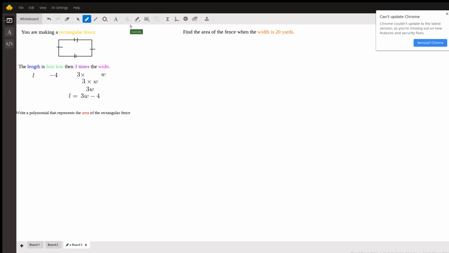We know that the area of a rectangle, area is represented by capital A, is length times width. And then we can substitute this equation here.